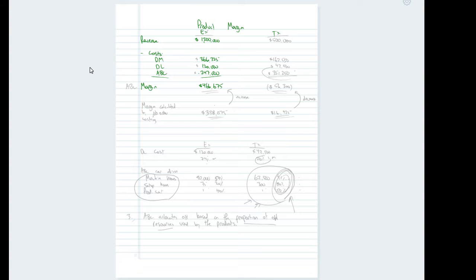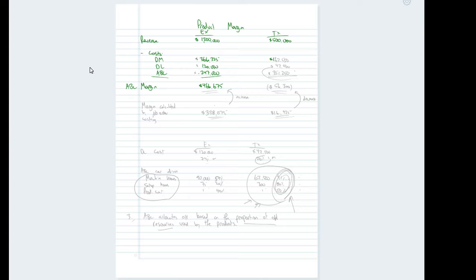For the TX, our total sales revenue, again, isn't changing. That's $500,000, which we calculated before. Our direct material is $162,550. That's given. Our labor is still the $42,500.